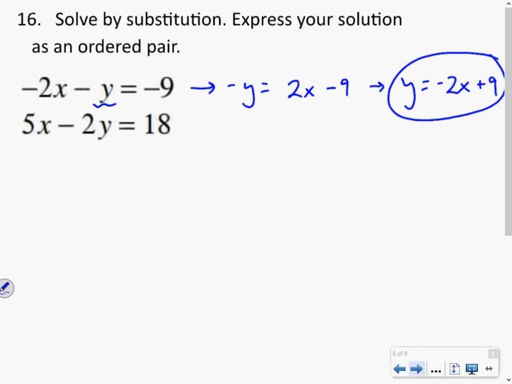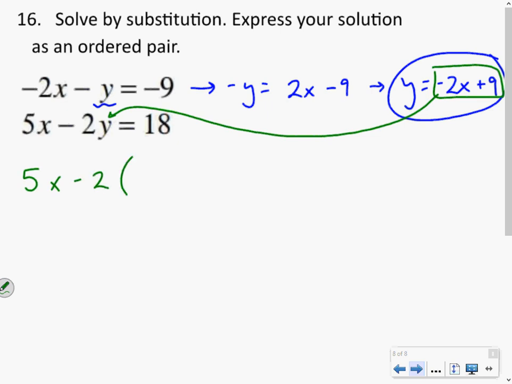Now I'm going to take this and substitute it into the second equation. I'm going to take what y is equal to, and I'm going to plug it into the y right here. So we have 5x minus 2 times negative 2x plus 9 equal to 18. And then I'm going to solve for x.